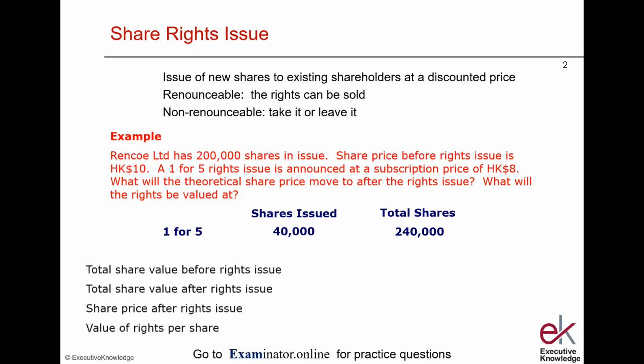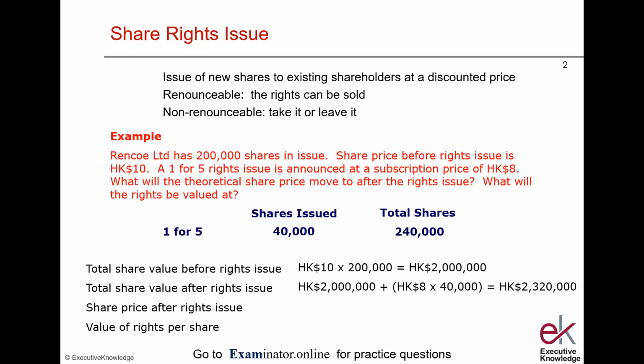Let's look at the calculations. Total share value before the rights issue, that's the $10 market price, multiplied by the 200,000 shares in issue, giving $2 million. Total share value after the rights issue is the 2 million we've just calculated, plus the proceeds from the rights issue. That is 40,000 shares at $8 a share, giving us 2.32 million.